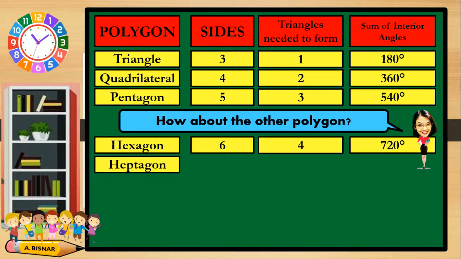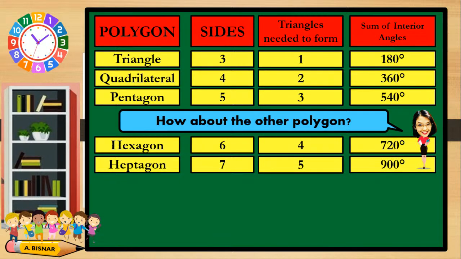Okay. How about heptagon? Heptagon. Okay. 7 sides, 5 triangles needed to form, and then 900.